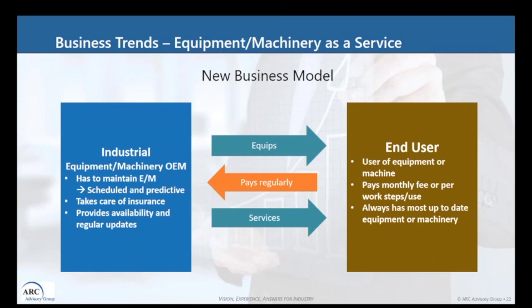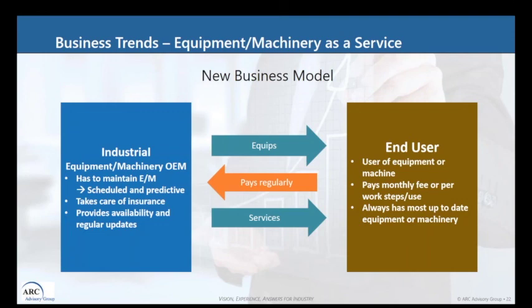And in the end, the OEM maintains the equipment, takes care of the insurance, and provides the all-time availability of the machine. Of course, this needs data transmission from the equipment to the OEM, so that he sees the compressor is working fine, or that there might be problems in the future because a component seems to be failing.